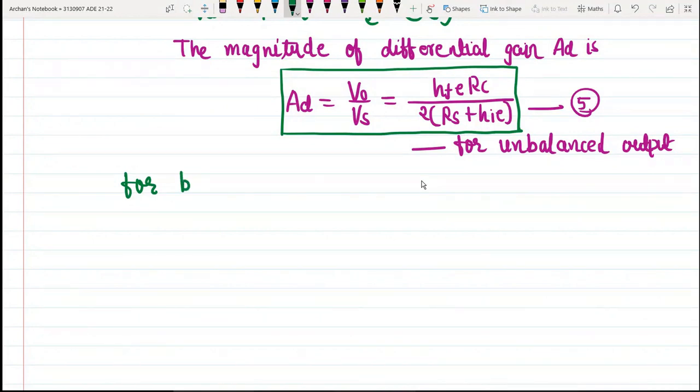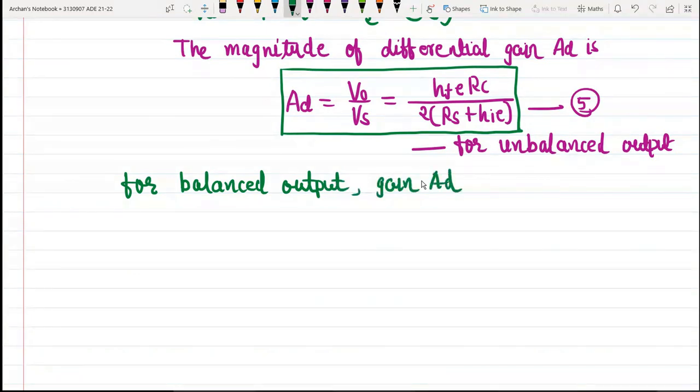For balanced output, gain AD is equal to 2 times hfe RC upon 2 times (Rs plus hie).